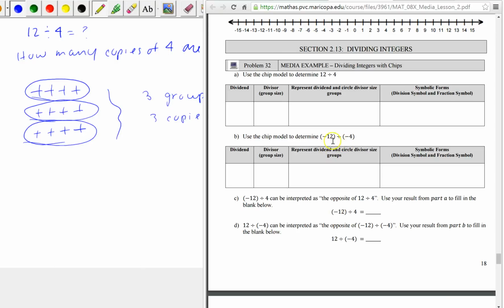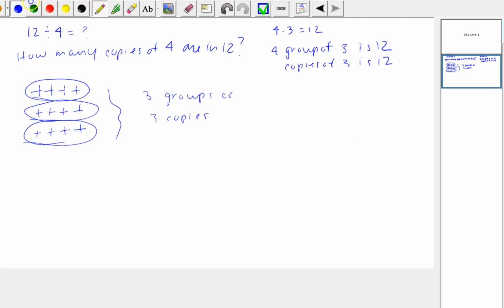Okay. Here, both of the numbers are negative. Negative 12 divided by negative 4. Well, you can imagine that this scenario would be the same, except we'd have negative chips. And we want how many copies of negative 4 are in negative 12.